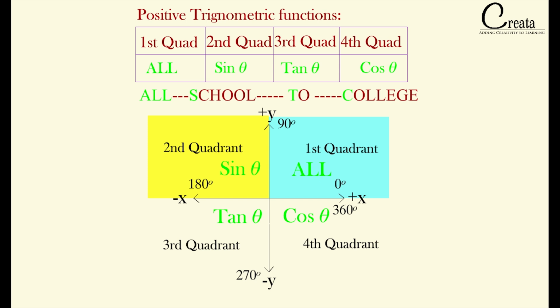In the first quadrant, all trigonometric ratios are positive, so tan will be positive. And in the second quadrant, tan is negative because only sine is positive in the second quadrant. This concept we have covered in trigonometry, so we will not go into the detail of it. Just you should know that in the first quadrant tan is positive and in the second quadrant tan is negative.